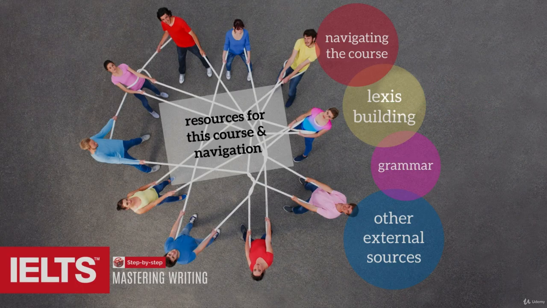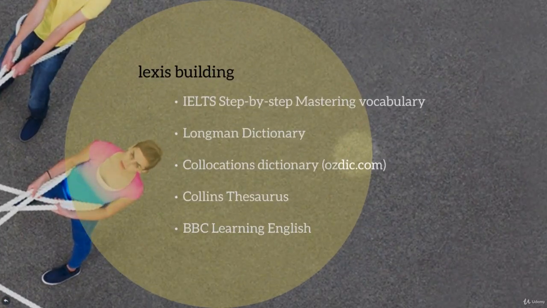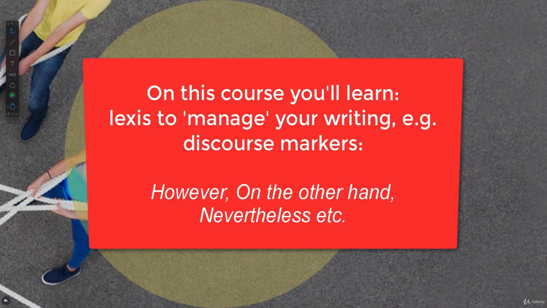But let me first say that this is a course for writing. Okay, this is a writing course, so there is a lot of vocabulary that would be beneficial to you, specific, for example, let's say managing, it's called discourse markers, managing the discourse, managing the navigation of your text.